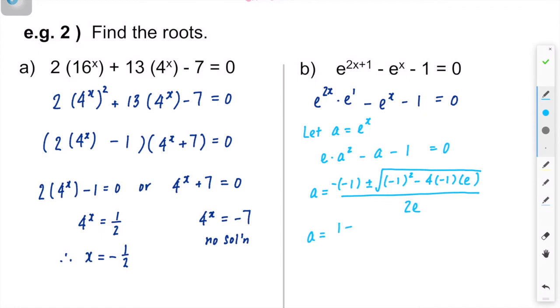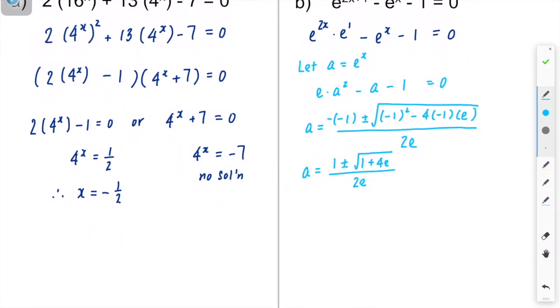So let's at least clean this up slightly and write this as 1 plus or minus the square root of 1 plus 4e, over 2e. Well, our goal is to solve for x, not a. So now we can back substitute and also use your calculator to work out the values of 1 plus the square root of 1 plus 4e over 2e, and then the minus version, okay?